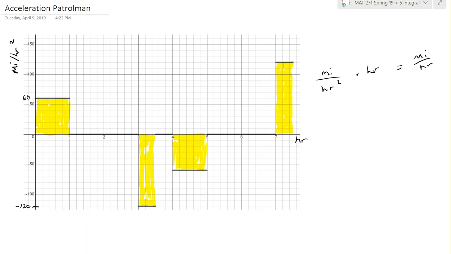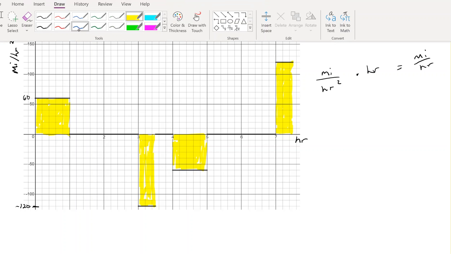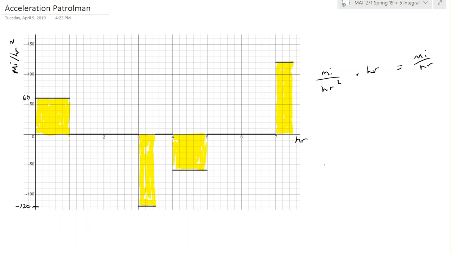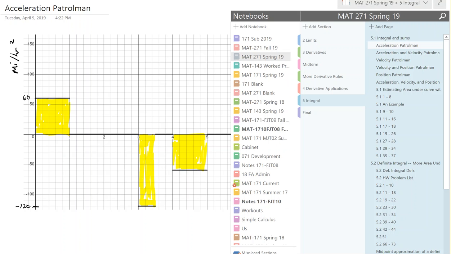So it sure looks here like velocity is the area under our acceleration curve. Wow. Would that be true just for this instance, or might that be a general truth?